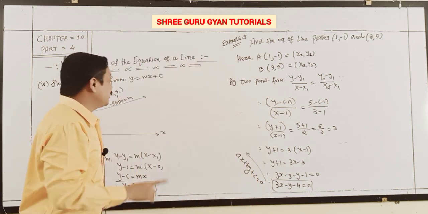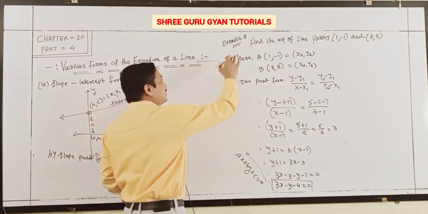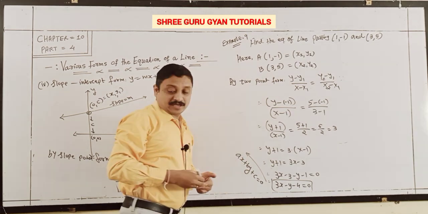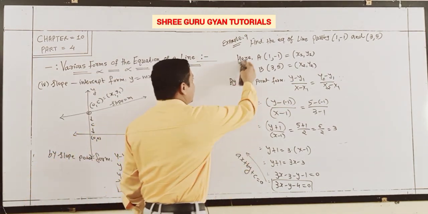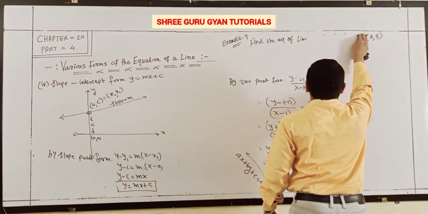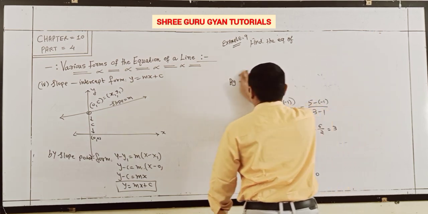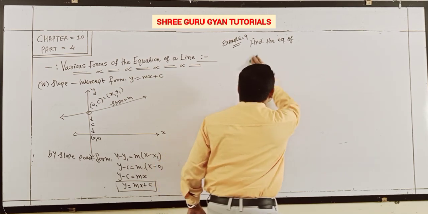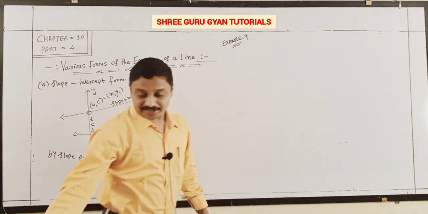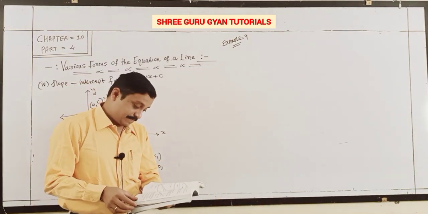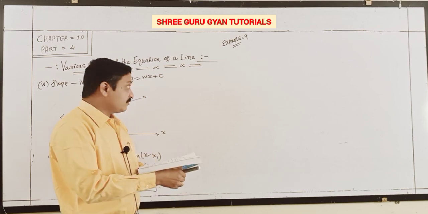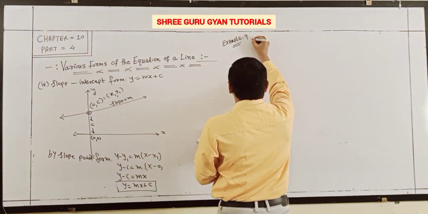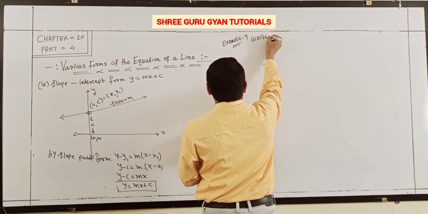Okay, so now I go to example number 9. Same as before: find the equation of the line having given intercepts and respective angles. So now I start example number 9 easily.